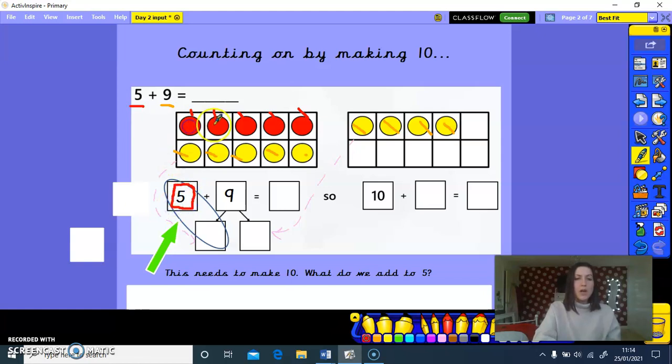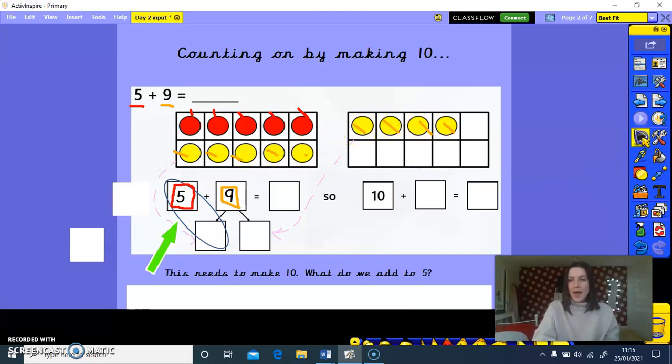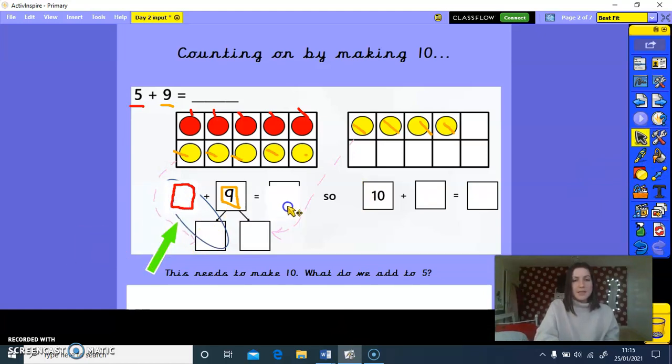My 5, 1, 2, 3, 4, 5 red counters. I've then got a 9 here, just like up here, and that is because I've got 1, 2, 3, 4, 5, 6, 7, 8, 9 yellow counters. Okay, so if I did this, and if I did this, I'm left with something here that looks very similar to a part whole model.